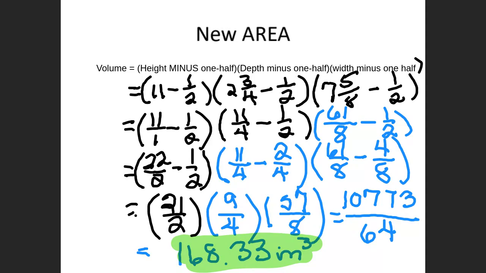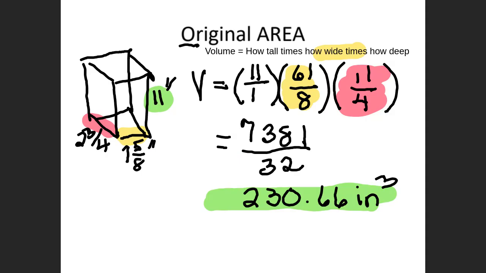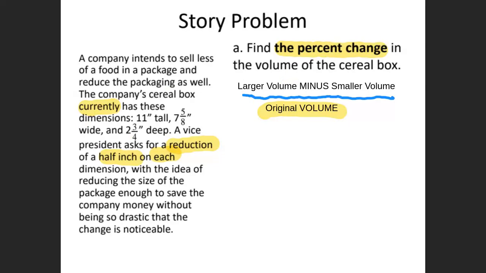Well, using 168.33, using 230 minus 66, that is going to be what I fill in here. This is what I got to fill out. Now I can answer the question.